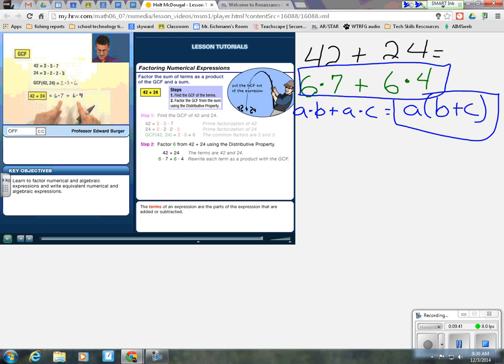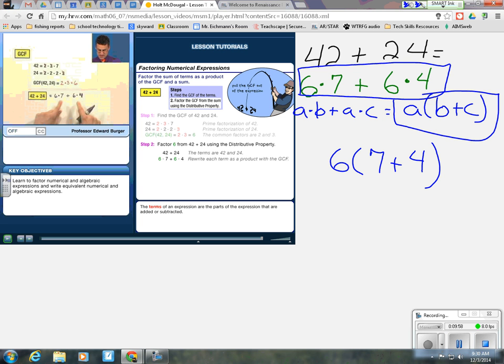So I'm going to take this 6 and I'm going to put 6 times, what is B? 7 plus, what is C? 4. And that's how I rewrote it.